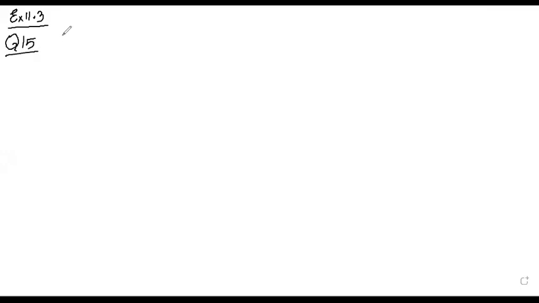Given Sn is equal to n upon 12, 4n plus 5. So what we will do, we will find S1 at first.